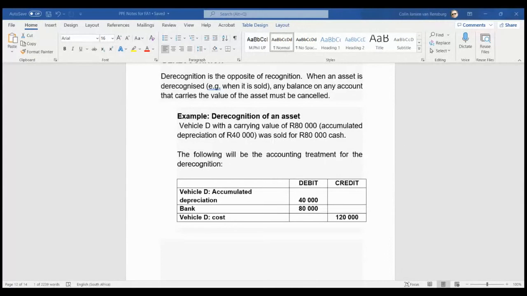But the correct thing to do, even if you make nothing, is to take the balancing figure on this journal to an asset disposal account first. And then you would record the proceeds, and then you will see that that account automatically balances. There's no profit, there's no loss, so that account will then simply close off.